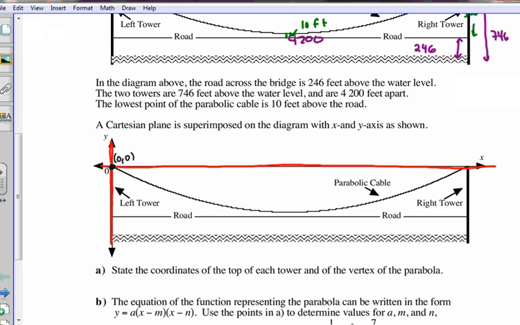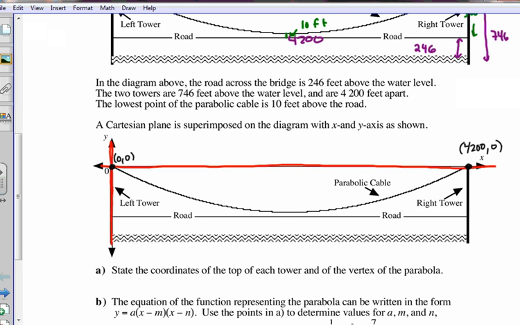Now remember, how far apart were the towers? 4,200. So the second point over here, what would that be? X is first, 4,200, comma, 0. Y is 0. Now, what was the distance between the top of the tower and the road?